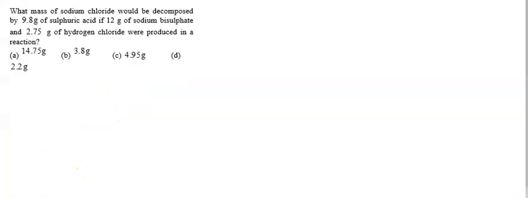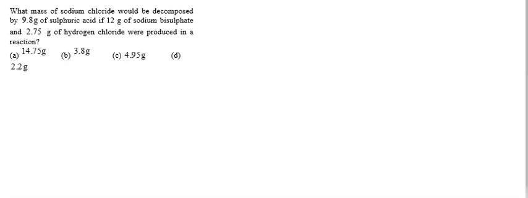The question is: what mass of sodium chloride would be decomposed? Here the sodium chloride is decomposed by this much amount of sulfuric acid into sodium bisulfate and hydrogen chloride.